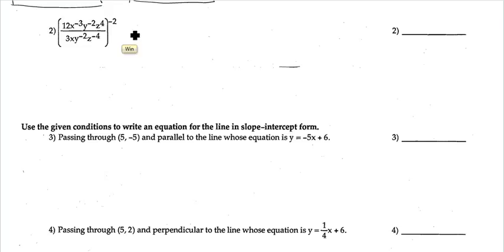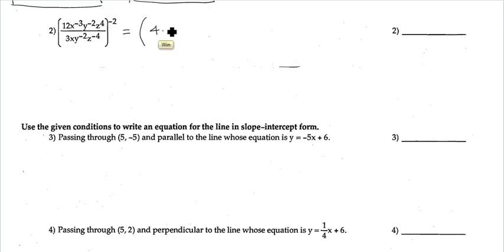We have parentheses. Now we are simplifying whatever is inside the parentheses. So we still have an open parenthesis, and later on, we still have a closed parenthesis. We still have it raised to the negative 2. So let's see what happened inside the parentheses. 12 divided by 3, we have 4 times x to the negative 3 divided by x.